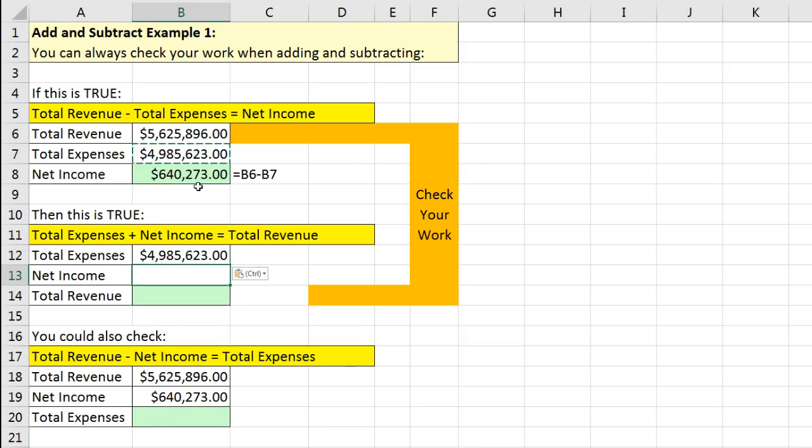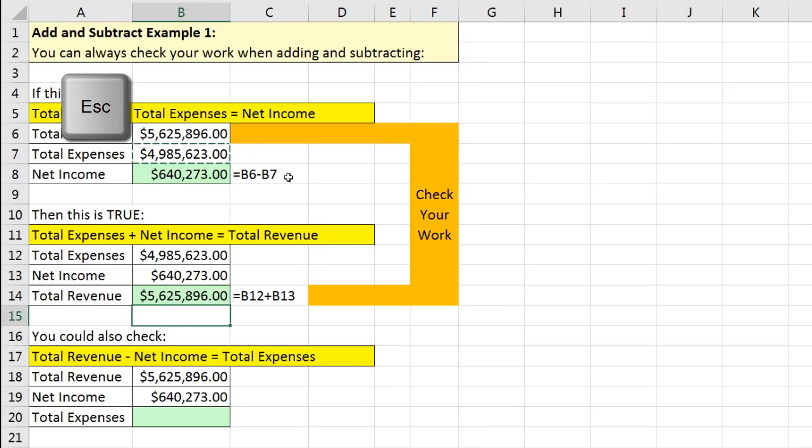And this one I'm going to have to type because that's a formula. 640237 and enter. Equal sign, and I'm going to add using the plus symbol, up arrow, and I better get exactly the same total revenue as I originally started with. Now I'm going to hit the escape key to turn off those dancing ants.